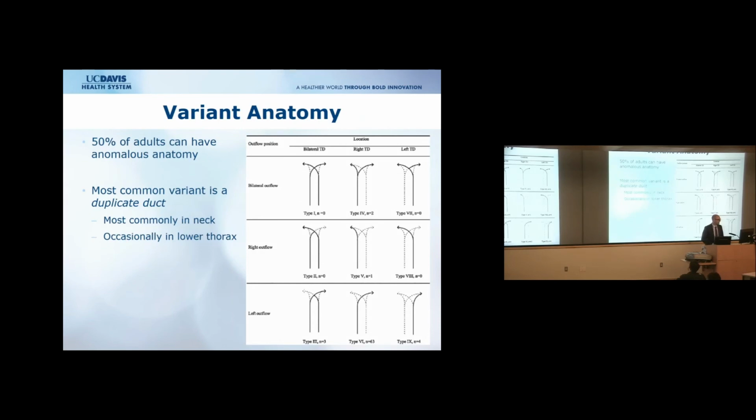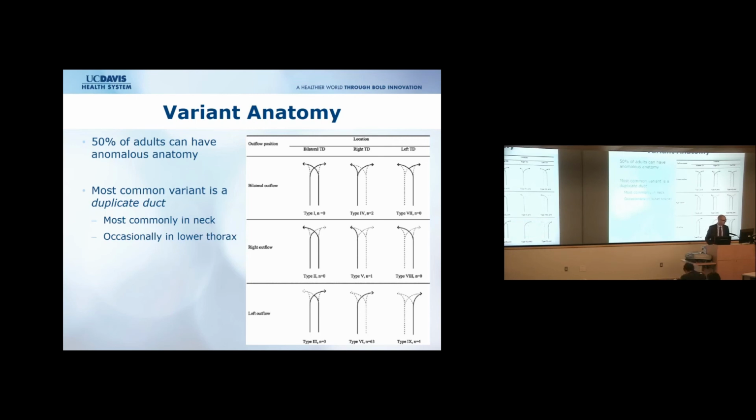Again, variant anatomy is quite common. This schematic is a little difficult to understand, but mainly it highlights that there are many variations, and the most common pattern occurs in somewhere in the range of 60 to 70%, but it can be highly variable.